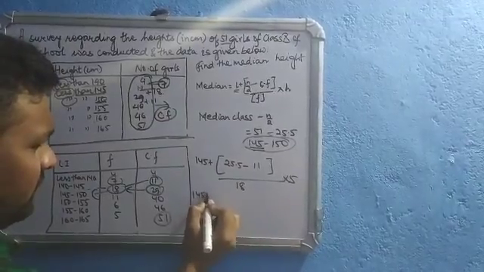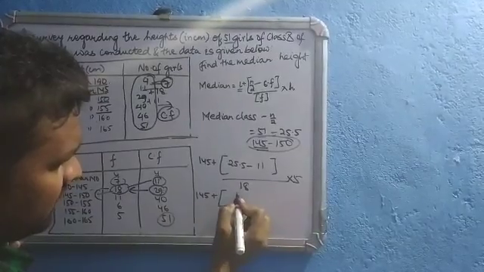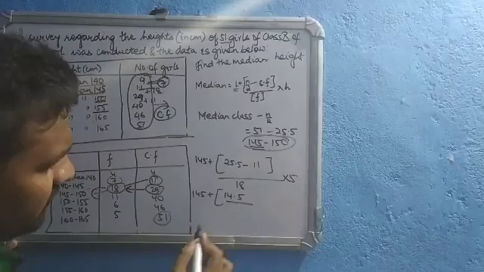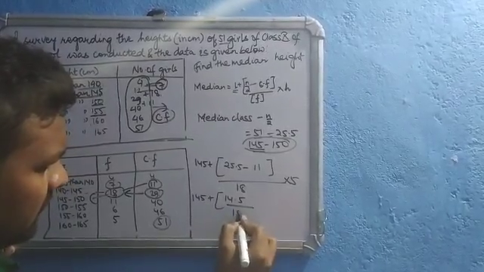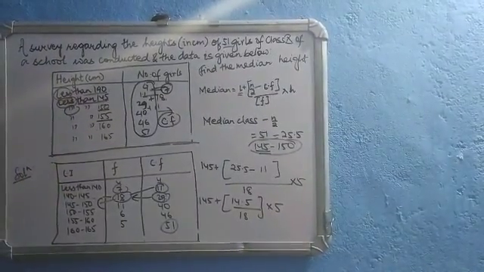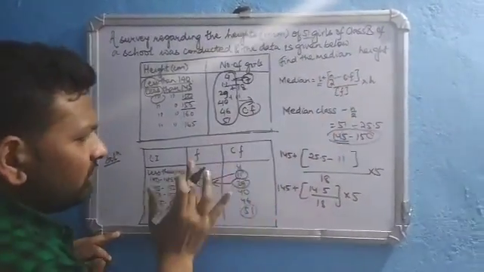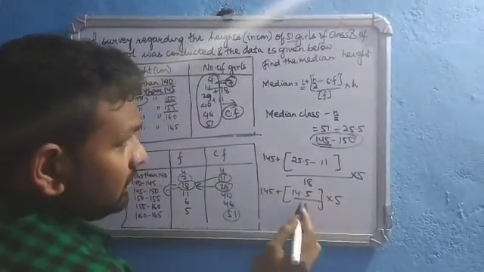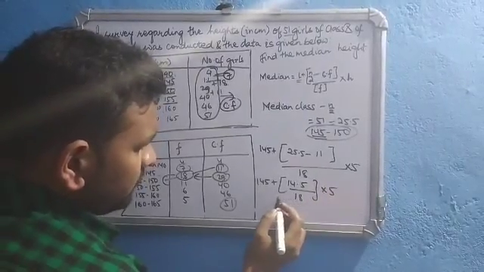So this will be 145 plus 14.5 divided by 18 into 5. Is this clear to everyone? I hope it is clear. We are just extracting the information out of the table and substituting it in the formula. So now it's fairly simple, I think.